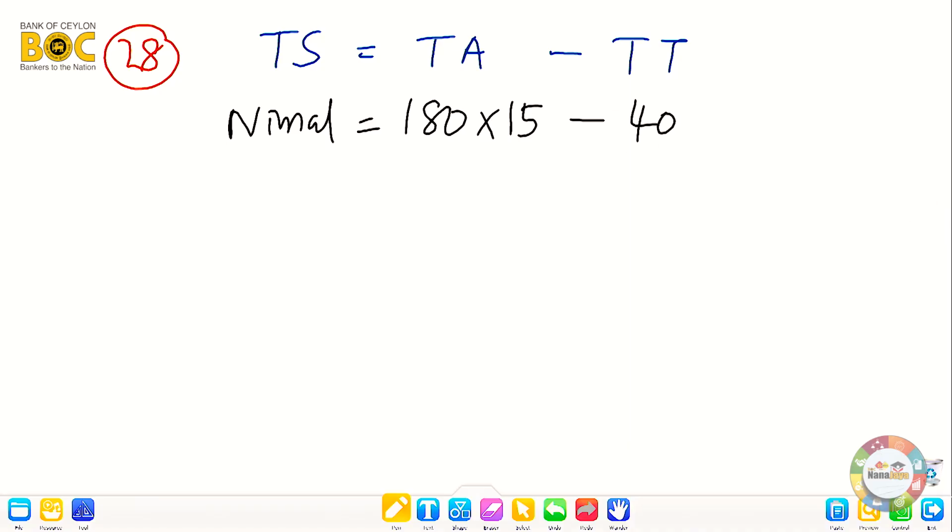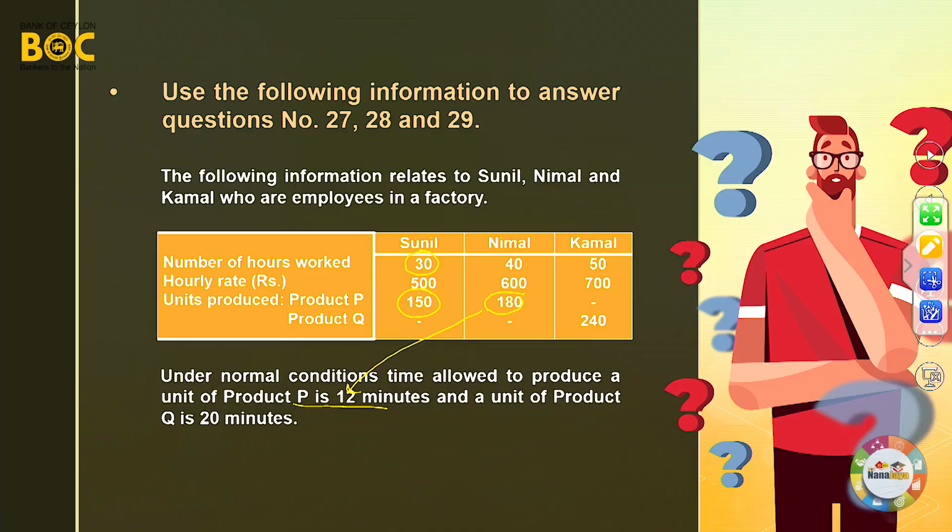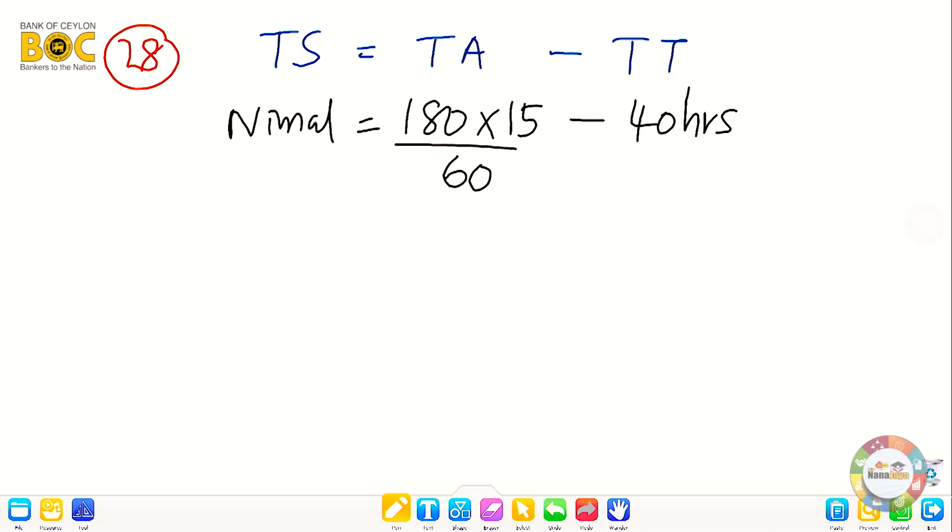To convert this into hours, you divide by 60, 60 minutes per hour. 180 into 12, product P, 12 minutes.